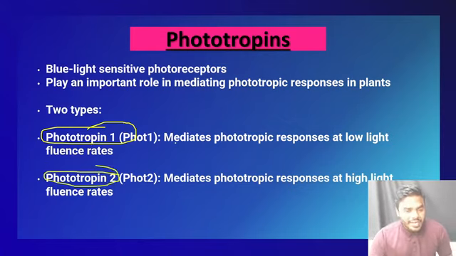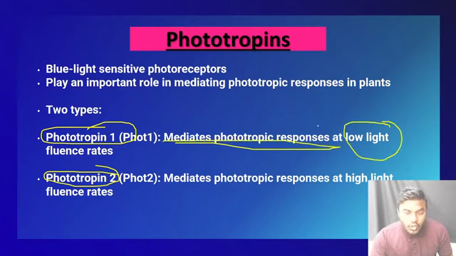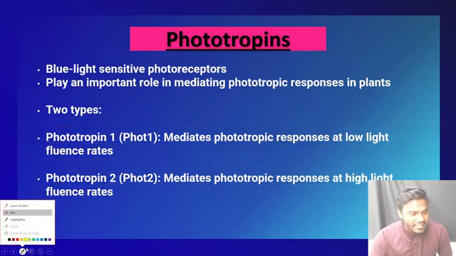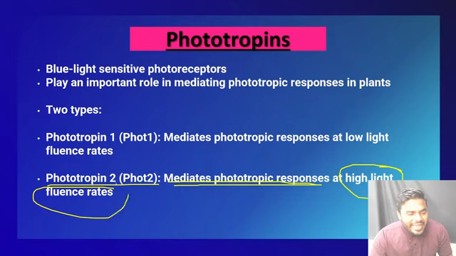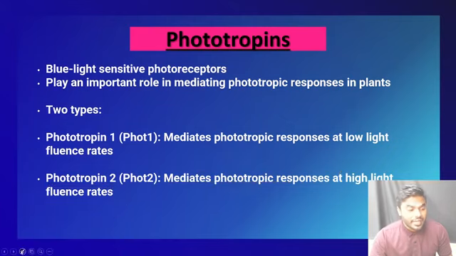Phototropin 1 mediates the phototropic responses at a very low light fluence rate, whereas phototropin 2 mediates the phototropic responses at a high light fluence rate. Kindly do not forget this point.